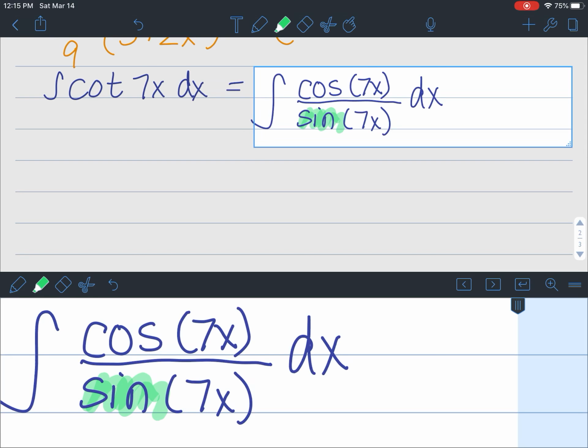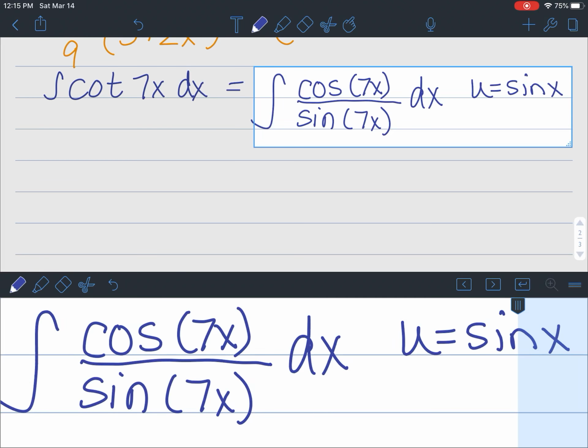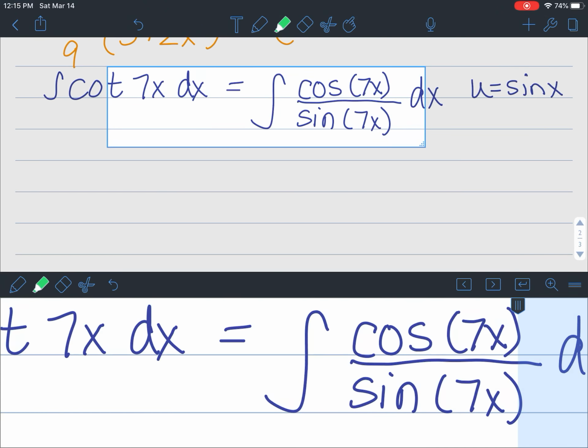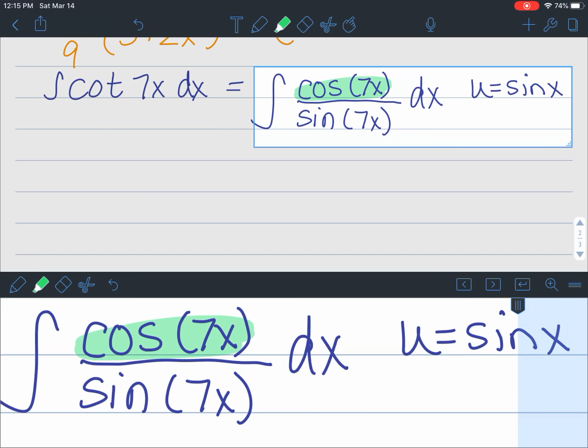The derivative of sine is cosine, and that's on the top. So what I really want to make u is sine x, because the derivative of sine is sitting right here. And that's a good thing. So that's what you want to look for.